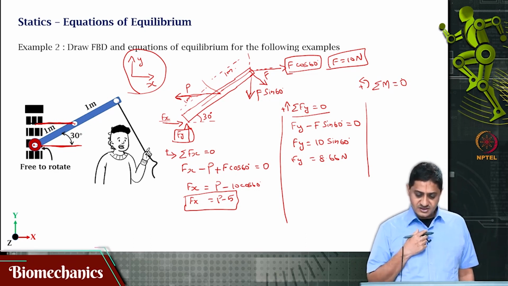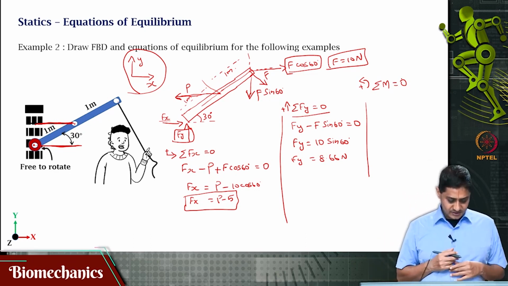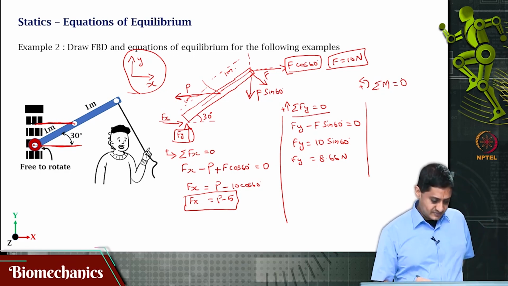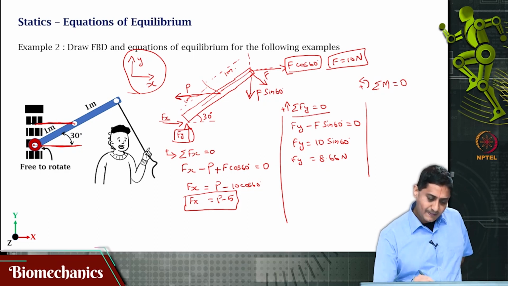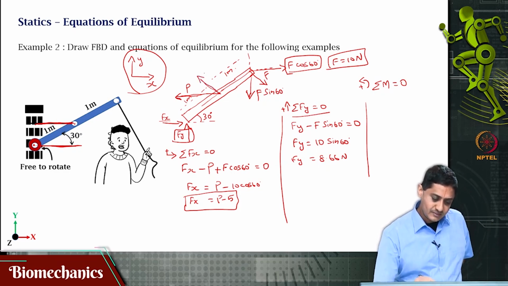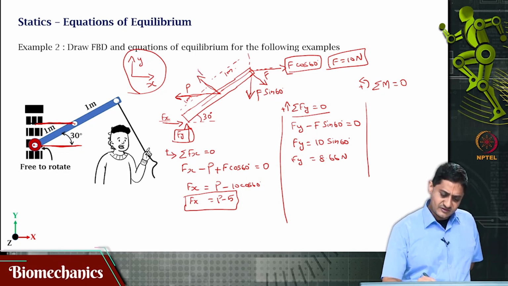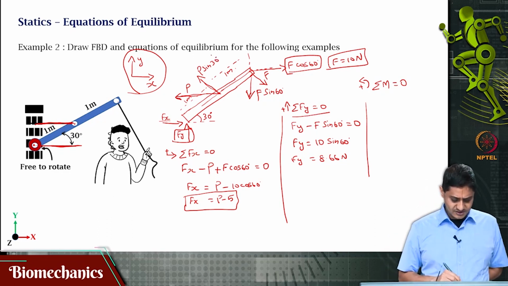Now, what are all the forces that will cause this moment? There will be a moment that will be caused due to this vertical component. What is this component? The value of this will be P sin 30, is it not?